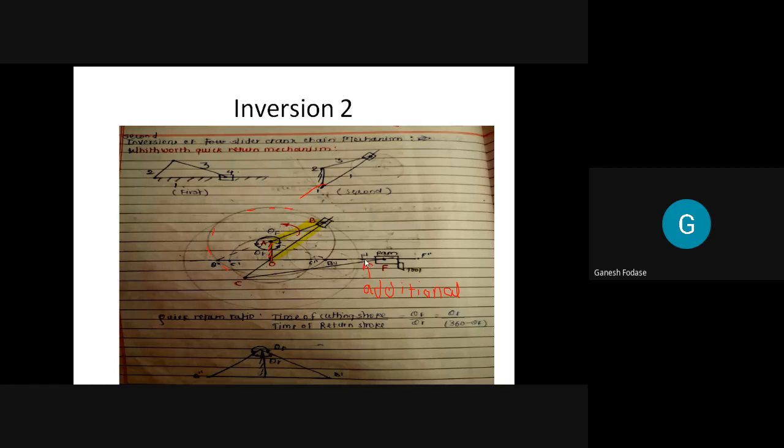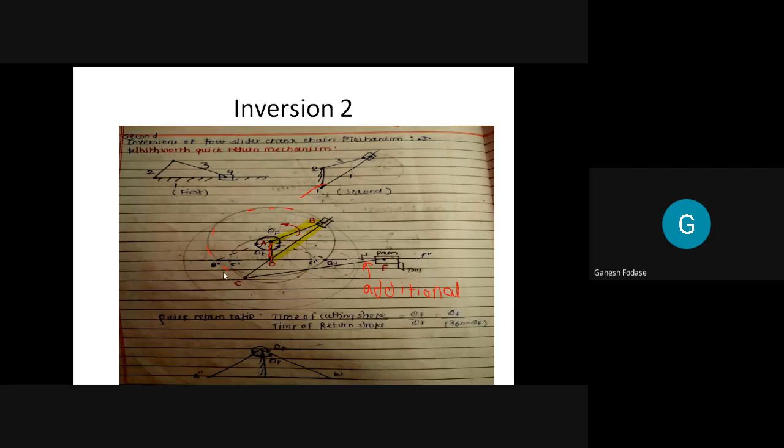So what happened here? This F dash means the tool has moved forward. When I move this crank from B dash to B double dash, this tool is moving forward. So this stroke is called the forward stroke. And what happened next? When it is moving from B double dash to B dash, C is moving from C double dash to C dash, and this tool is moving from F double dash to F dash.